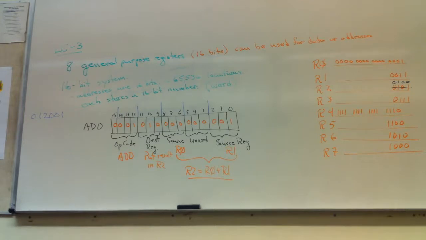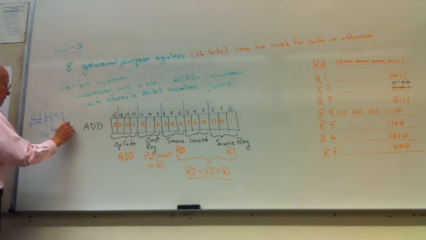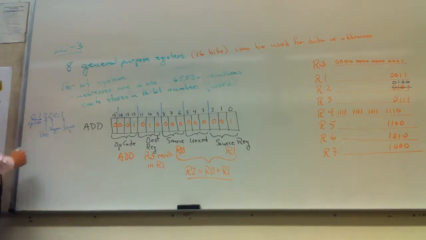Now if I write that thing in octal like this, I can say, well, here's my opcode. This is my destination register. This is source 1, and this is source 2.